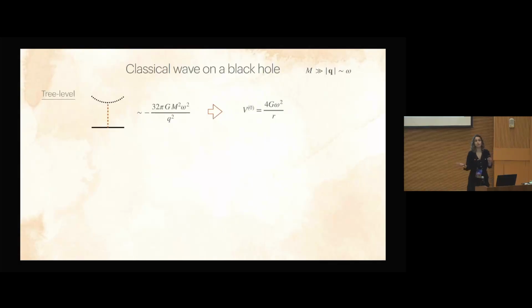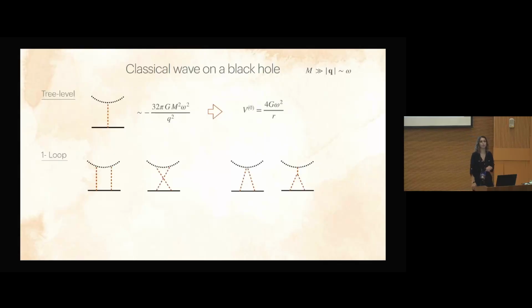And if you Fourier transform this to position space, you're going to get the Newtonian potential. Let's go to one loop. This is the type of diagram that contributes to this limit. If you take the contribution in the large mass limit of these two diagrams and you manipulate them a little bit, I will spare you the derivation, you can actually show that indeed it takes the form of this tree-level potential with the Green's function that I showed you earlier.